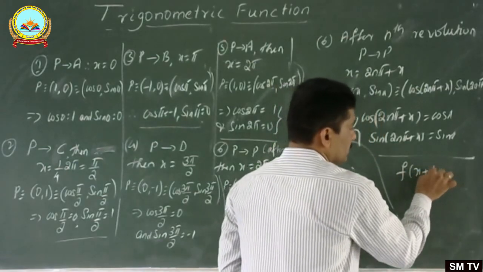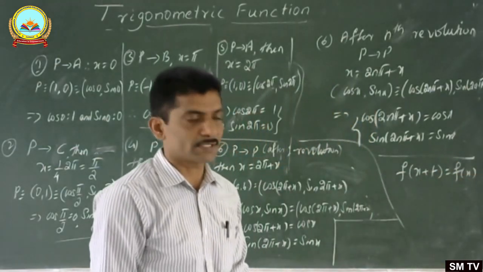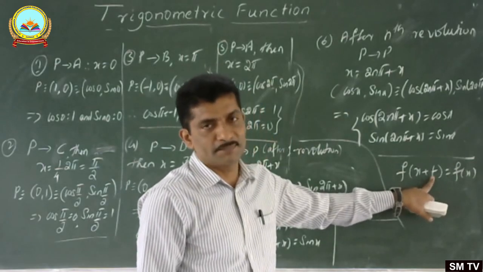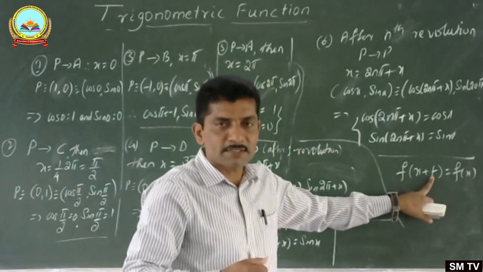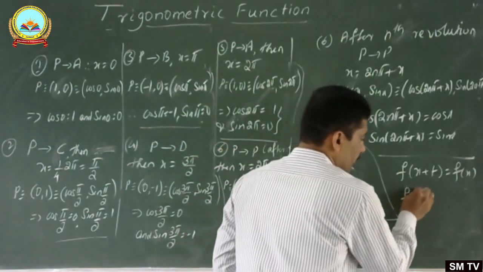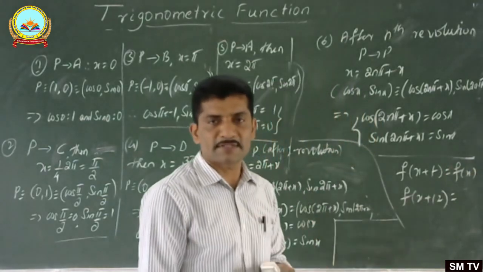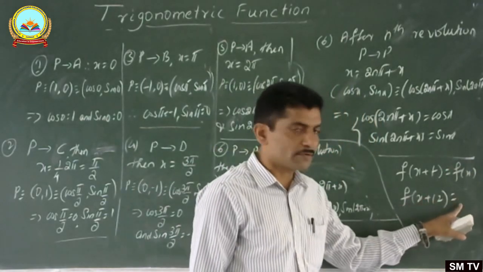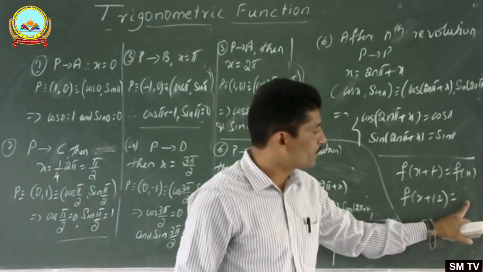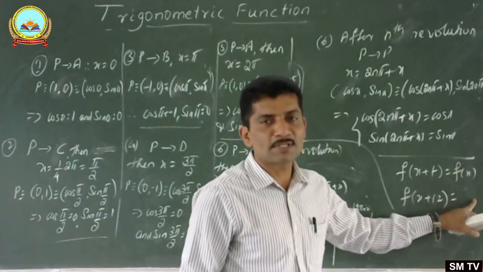f of x plus t is equal to f of x. This function is said to be a periodic function with period t. Clear? After period t, the values are repeated. For example, take a clock: 12 plus 1 means 1 o'clock, 12 plus 2 means 2 o'clock, 12 plus 3 means 3 o'clock.